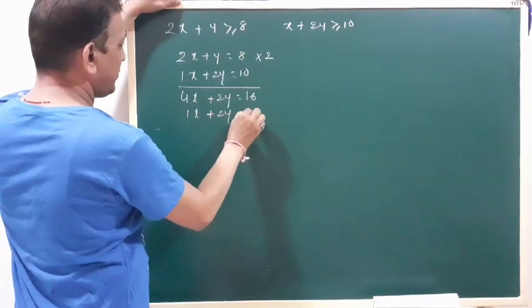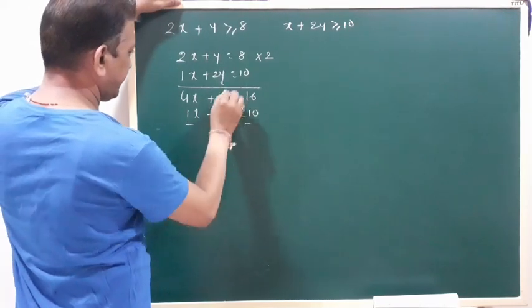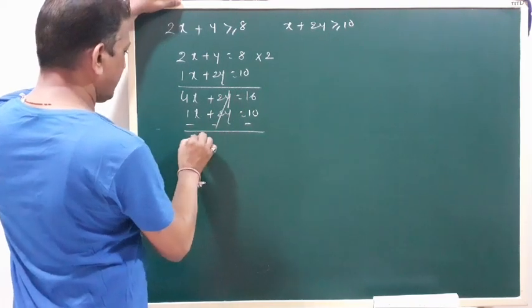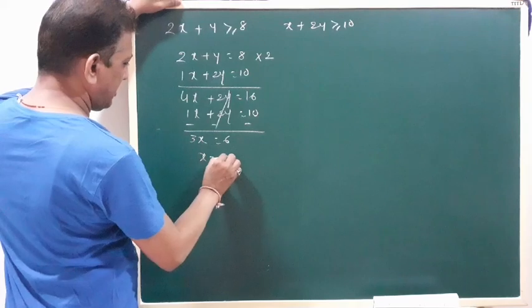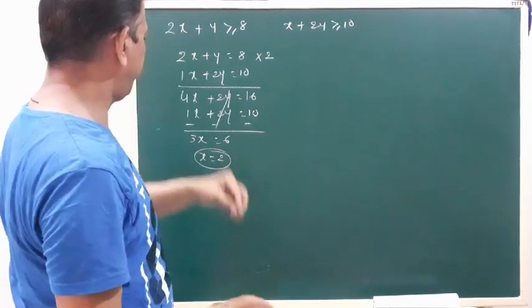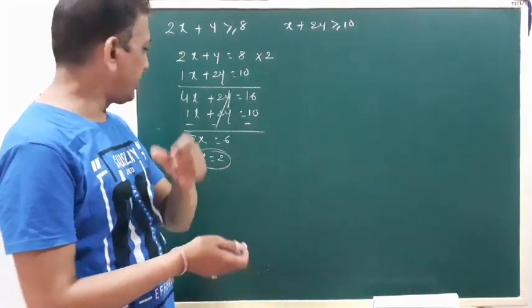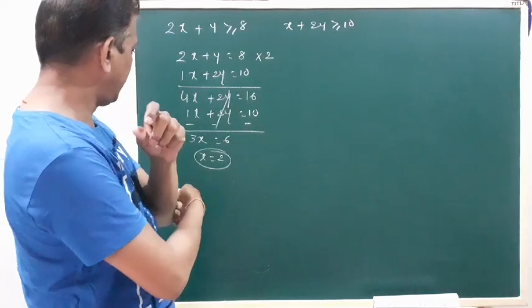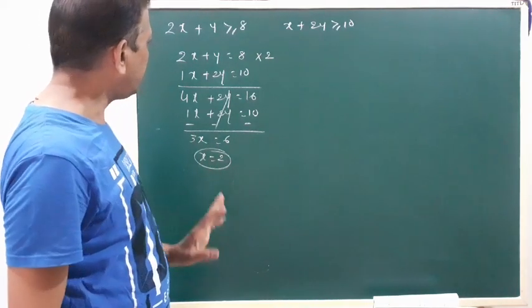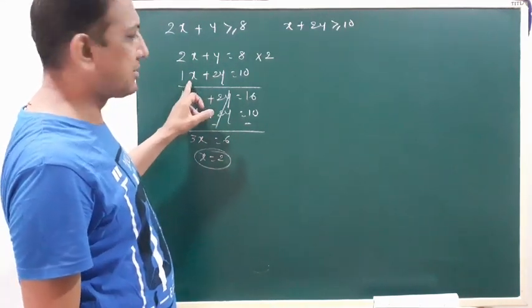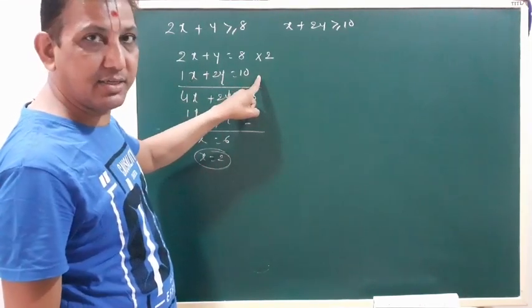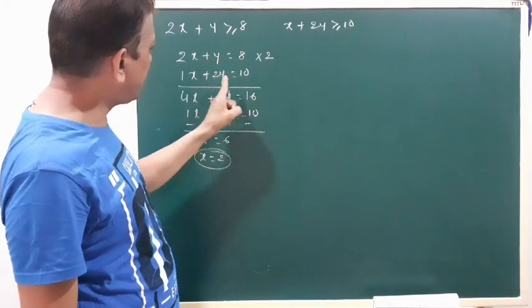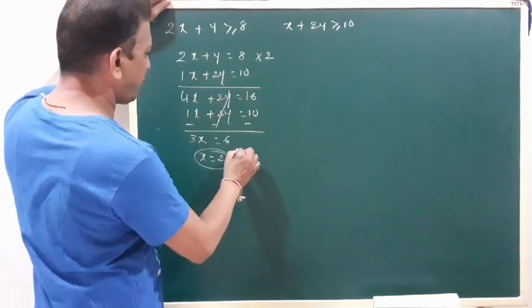Subtracting, 4 minus 1 is 3, 16 minus 10 is 6. So 3x equal to 6, so x equal to 2. Put x equal to 2 here: 10 minus 2 is 8, 2y equal to 8, so y equal to 4.